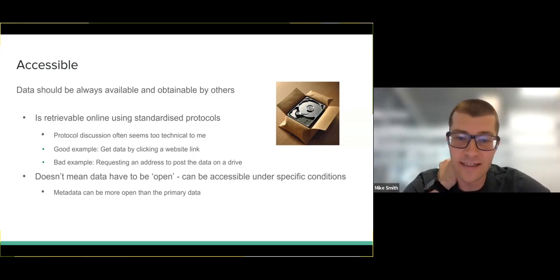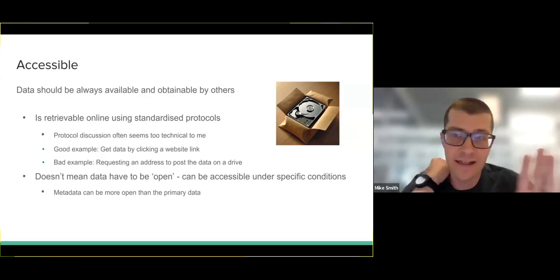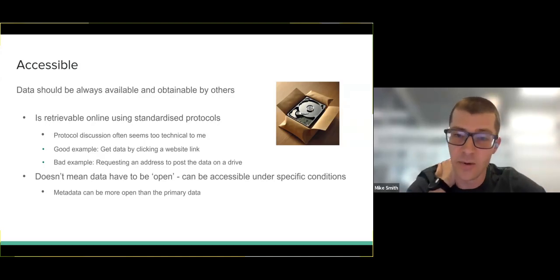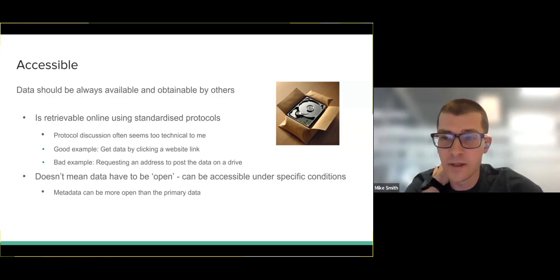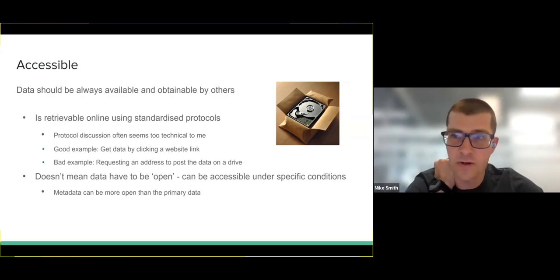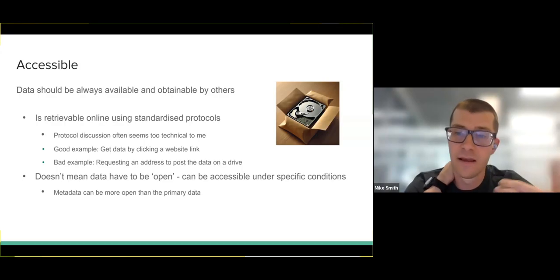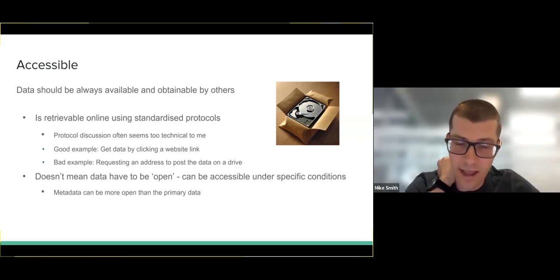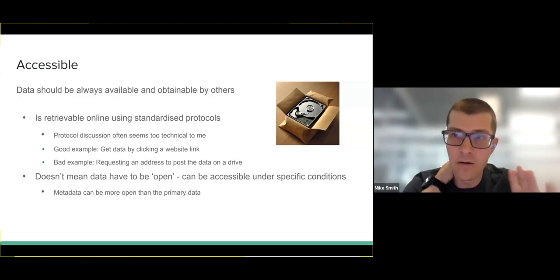This doesn't mean that your data have to be open, right? Open and accessible are slightly different things. Accessible under specific circumstances is the caveat for things like sensitive human genomic data, where you might need to sign an ethics approval, or there might be an access control committee that decides who gets access to the data.